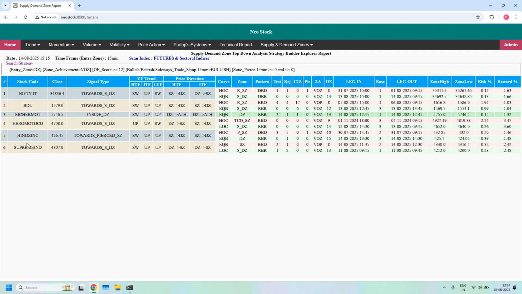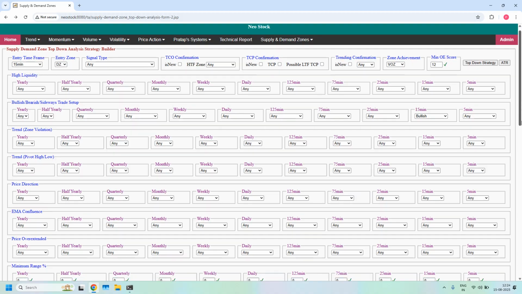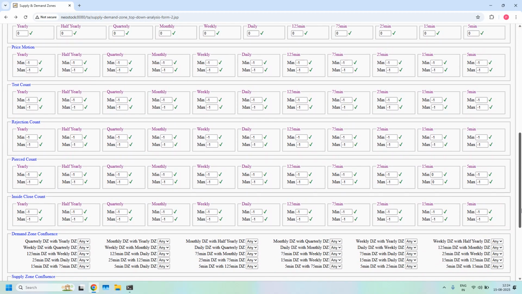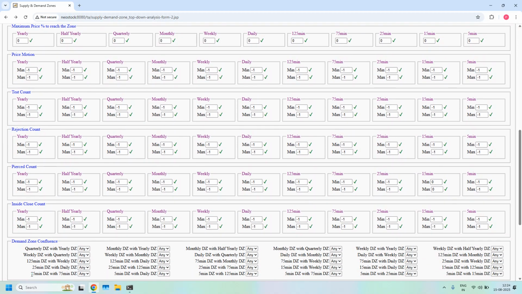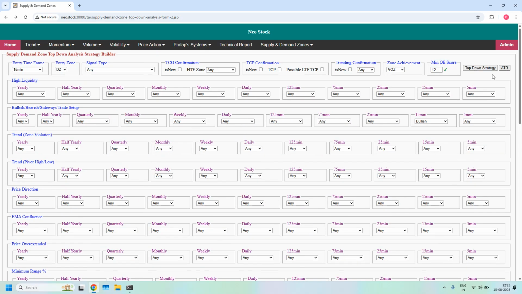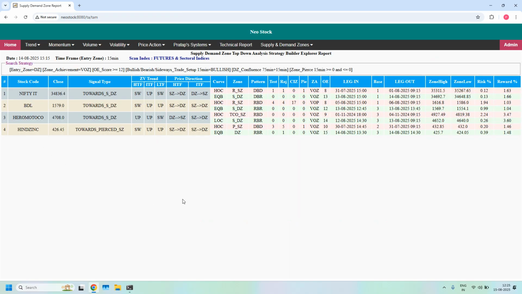So I am going back and applying filters on these 6 stocks. In the demand zone confluence, I am selecting LTF as 15 minutes, ITF as 75 minutes demand zone confluence. By enabling the filter and applying on the 6 stocks, we got 4 stocks.